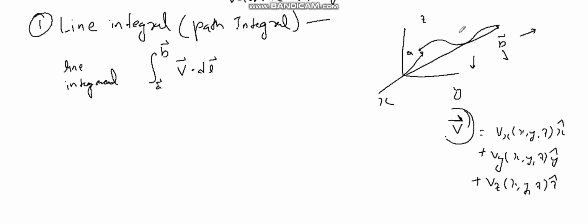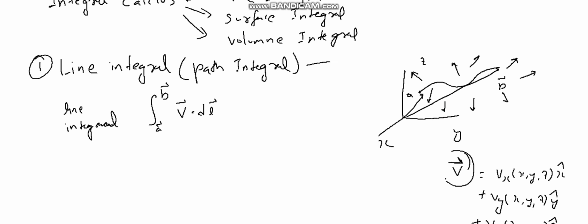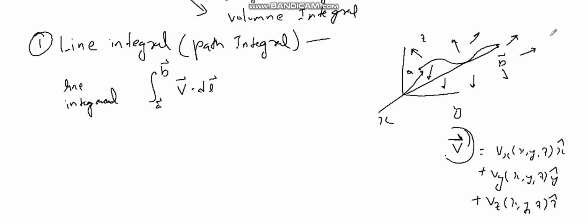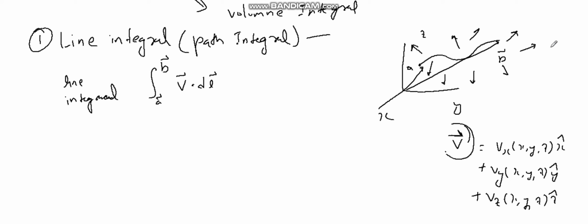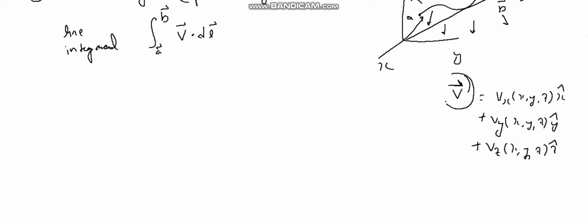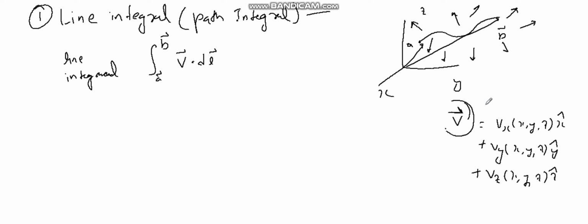I have already drawn this kind of function in space. It is a vector field spread all over the space, and we represent it by arrows of different directions and different magnitudes. We can just expand it: vx x cap plus vy y cap plus vz z cap.